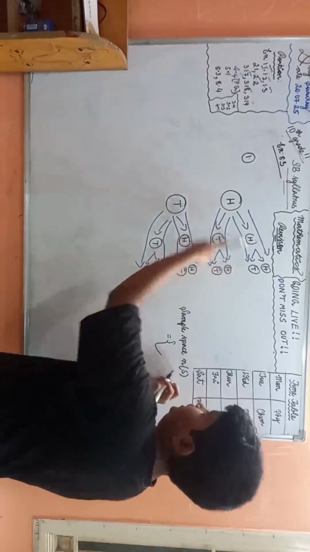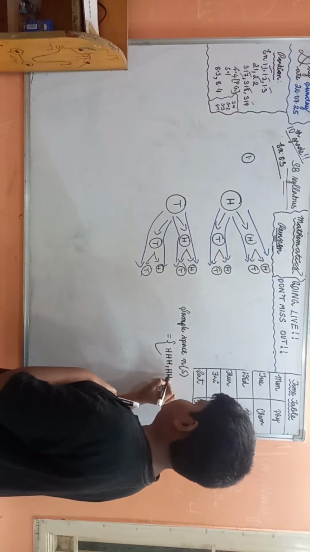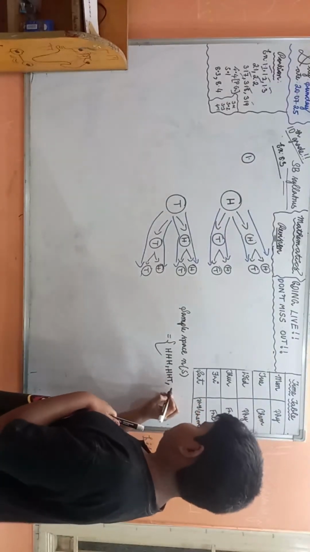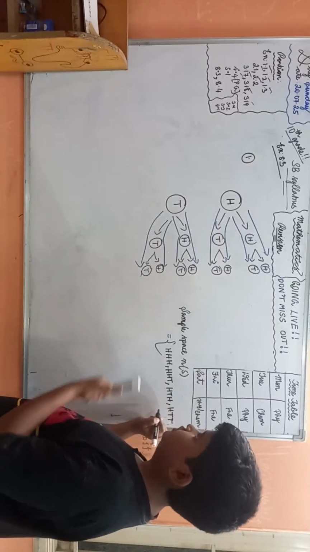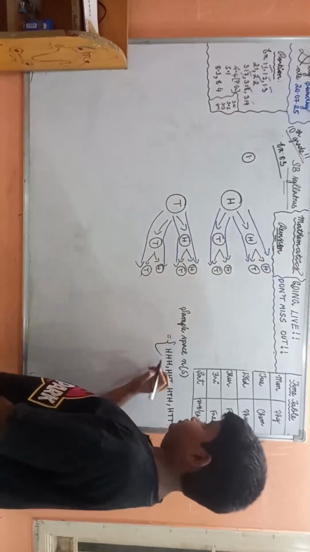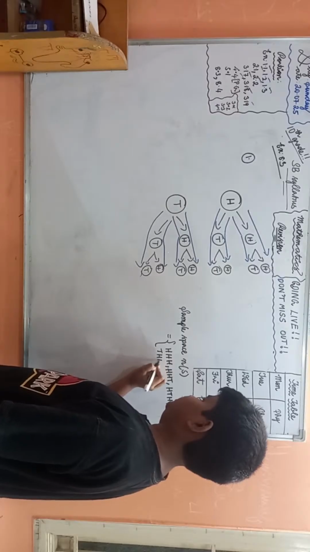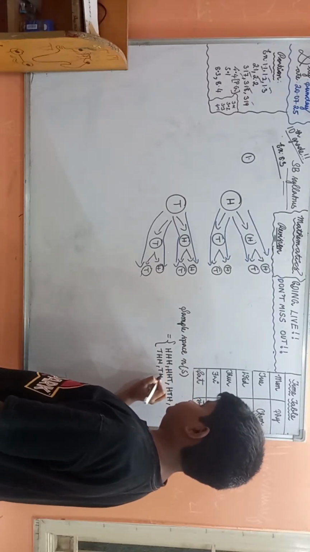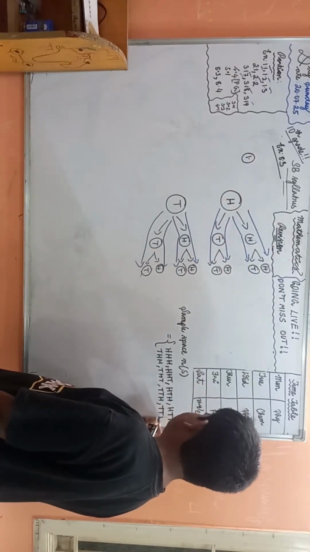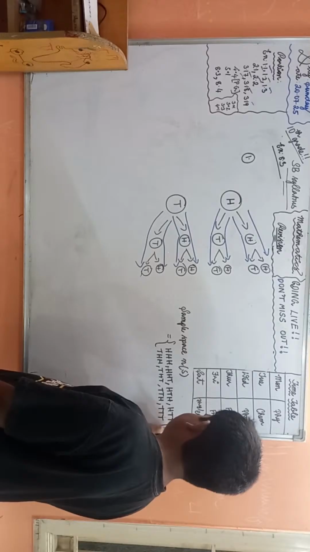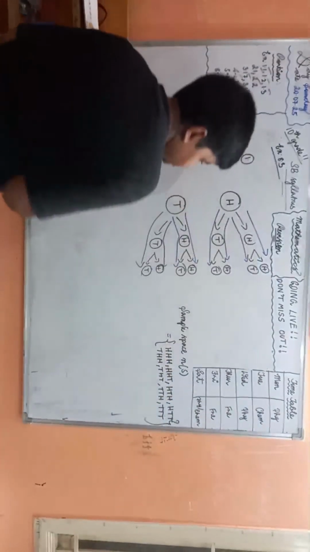So it's H H H, H H T, H T H, H T T. Now this is over. Now this one. T H H, T H T, T T H, T T T. So this is the main thing you gotta remember of sample space.